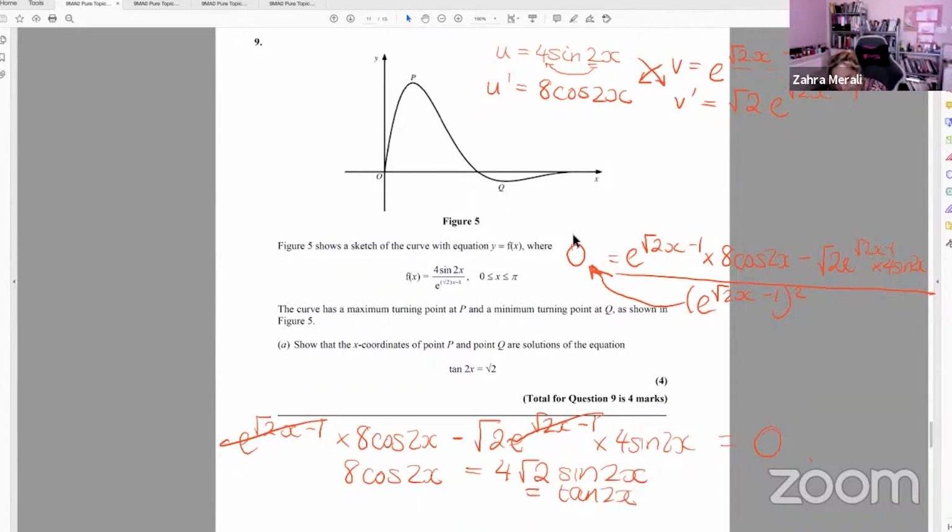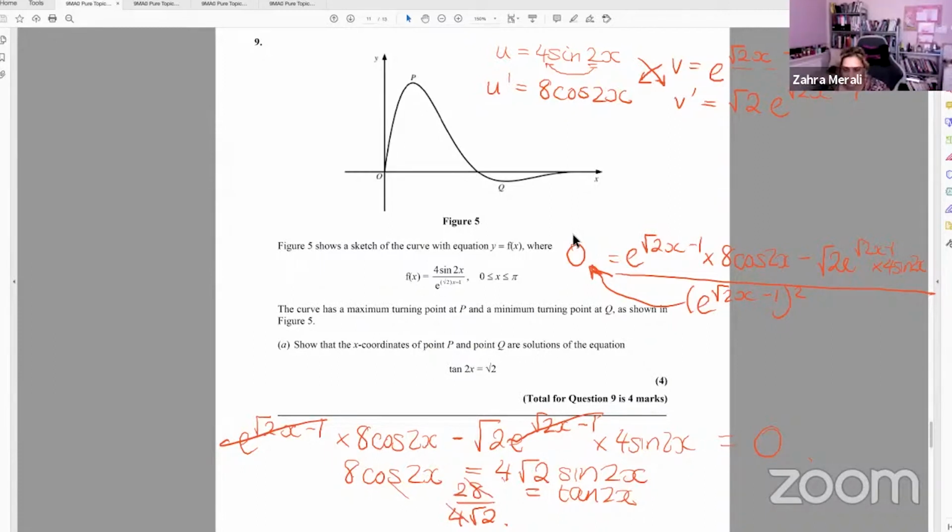And then I'm going to have 8 divided by 4√2. Let's do it like that. When I cancel that, that gives me 2 over √2.